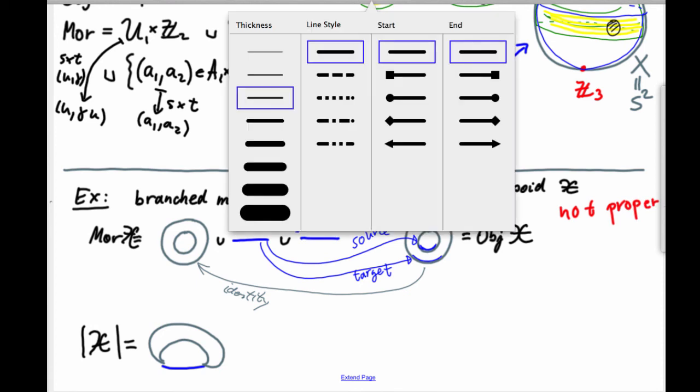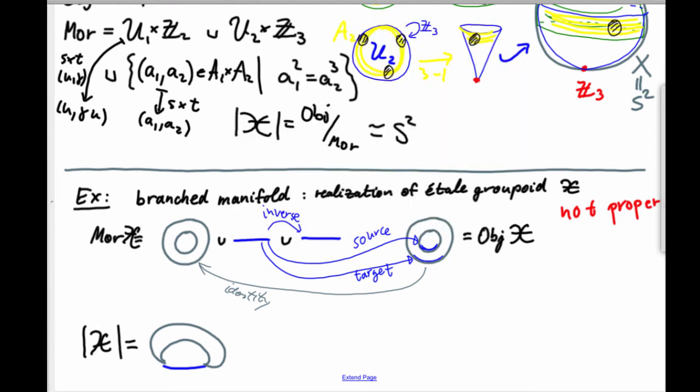because if I take a compact subset in the object space, if I take a product of these closed intervals, then its pre-image is going to be that interval up here, but that's an open interval because I've asked my morphism space to be a manifold, not a manifold with boundary.